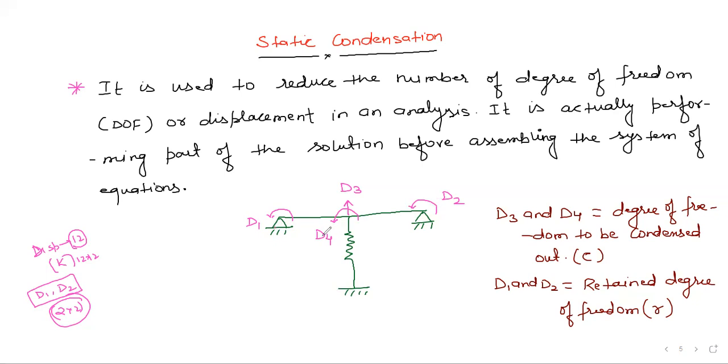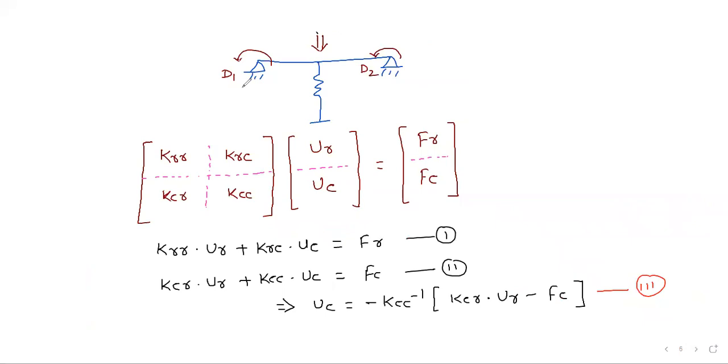This is an example. There are 4 degrees of freedom: D1, D2, D3, D4. Out of that, we want only D1 and D2. So we will retain D1 and D2 and we will condense out D3 and D4. You can see here D1, D2 remain, the retained degrees of freedom, and we have removed D3 and D4, that is, condensed out.